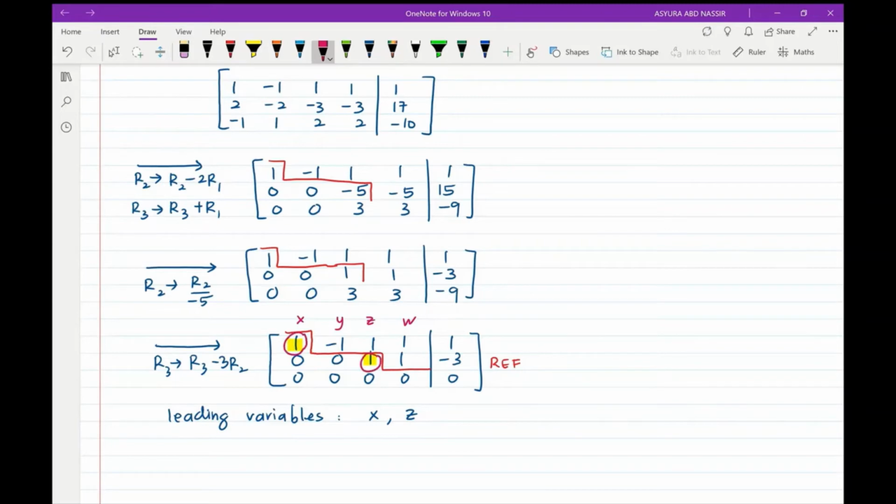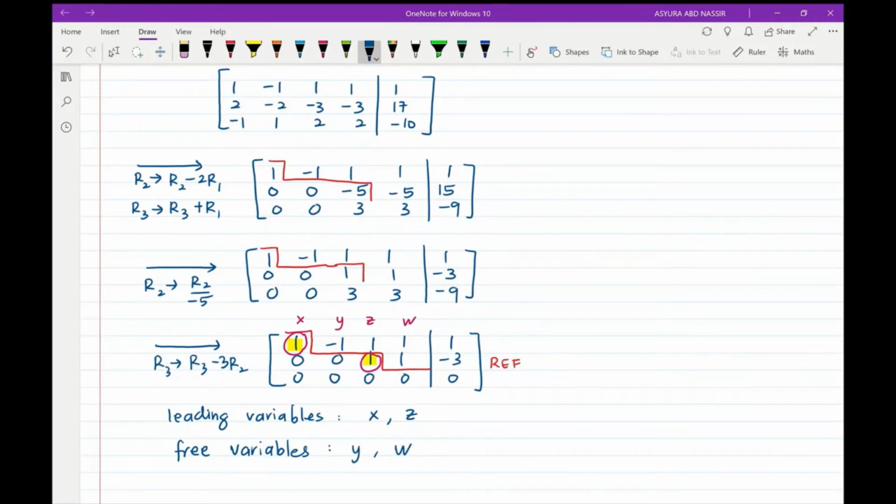So the leading variables are x and z, while the other variables will be your free variables. So the free variables will be y and w.